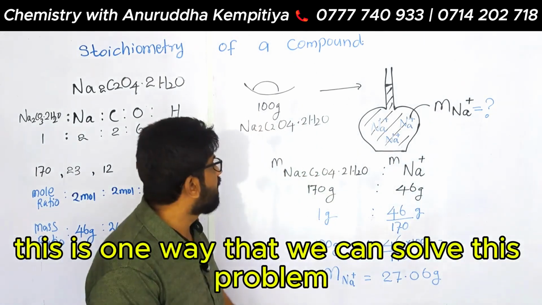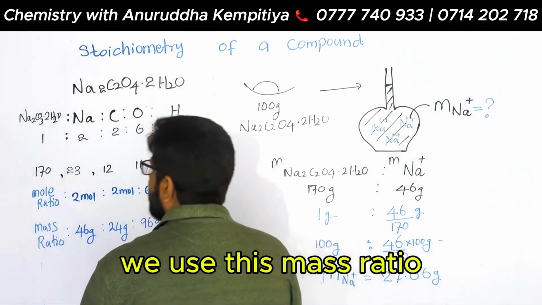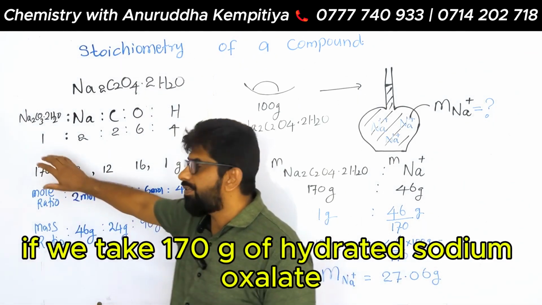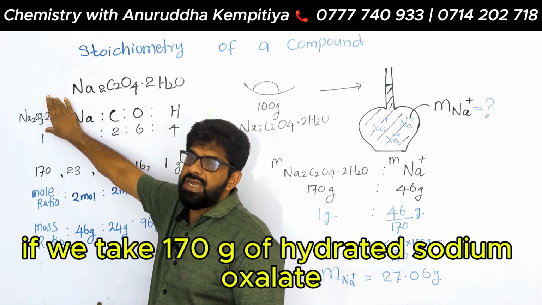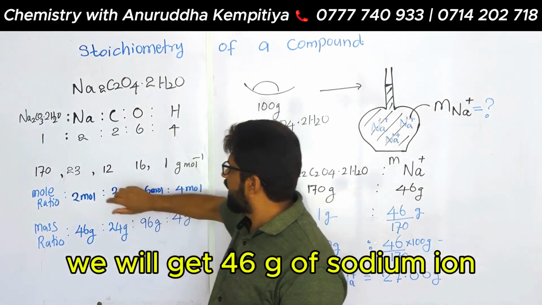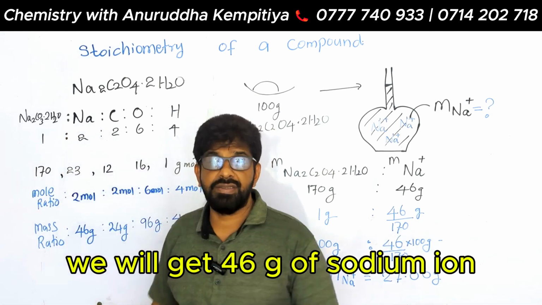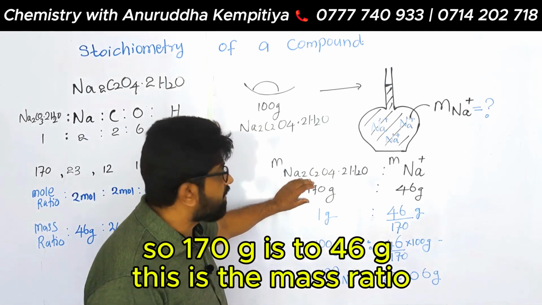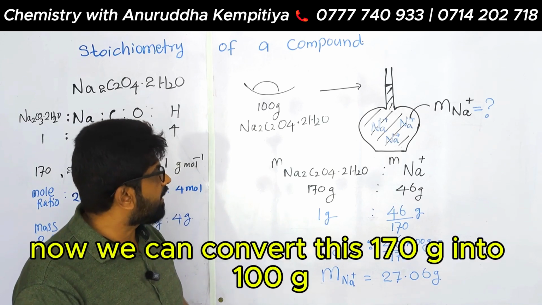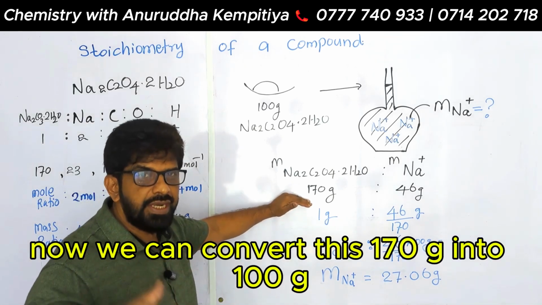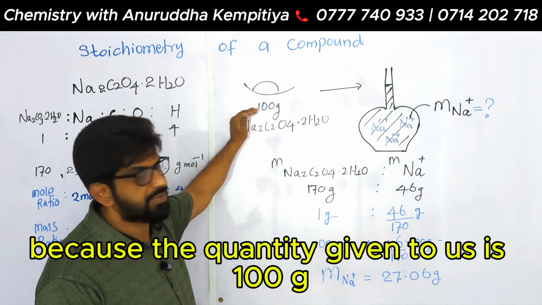So this is one way that we can solve this problem. We will use this mass ratio. If we take 170 grams of the hydrated sodium oxalate, we will get 46 grams of sodium ion. So 170 grams is to 46 grams. This is the mass ratio. Now we can convert this 170 grams into 100 grams because the quantity given to us is 100 grams.